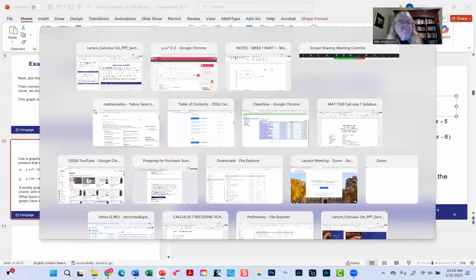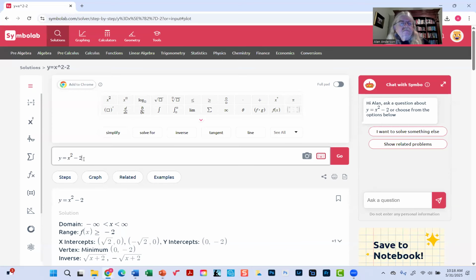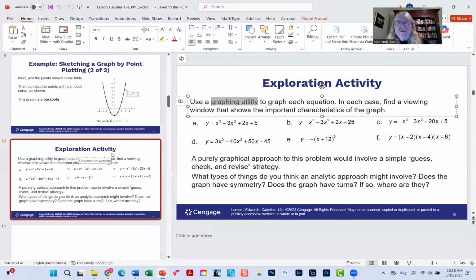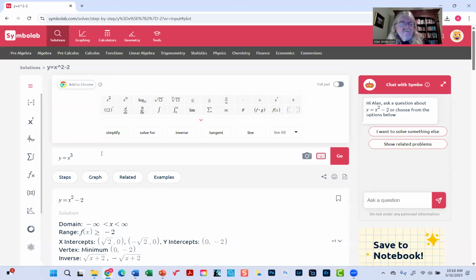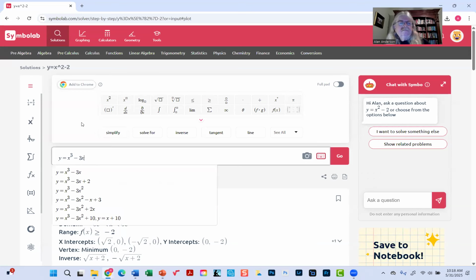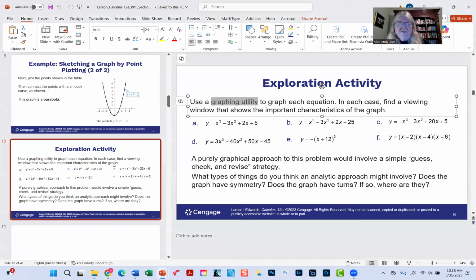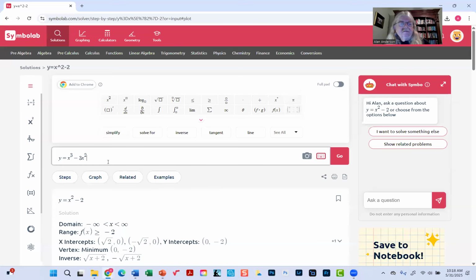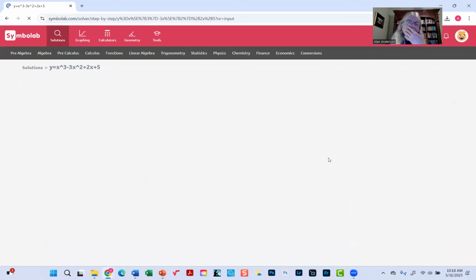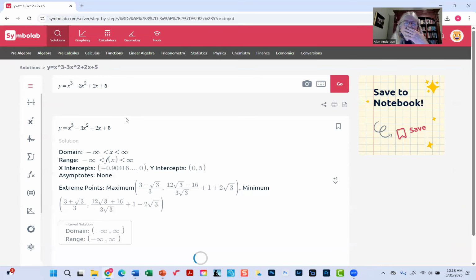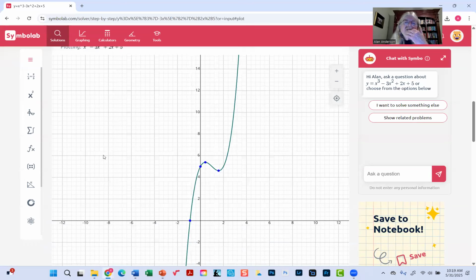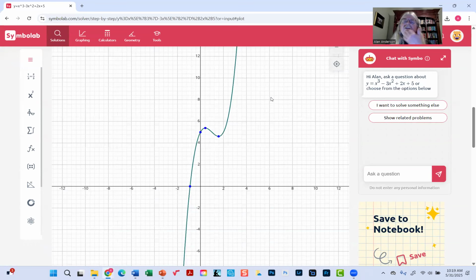x cubed minus 3x squared plus 2x plus 5. See, yeah, a cubic function has this unique curvature.